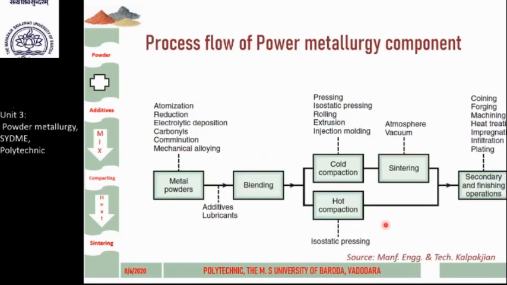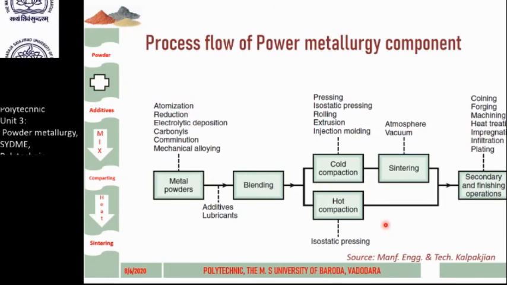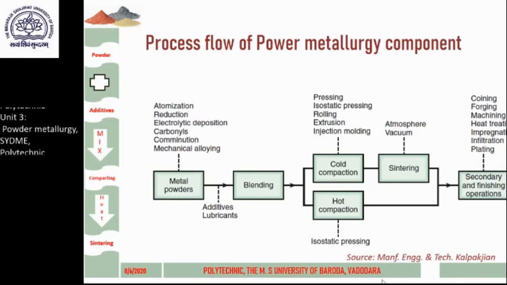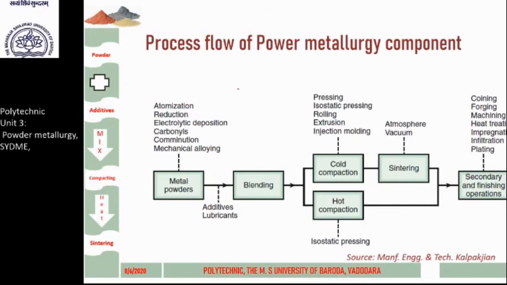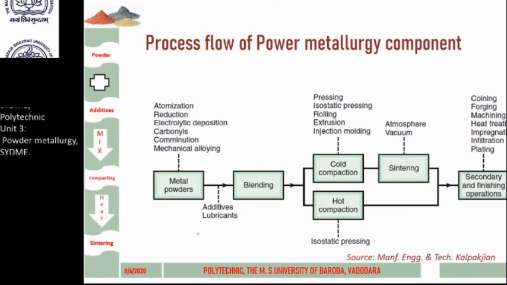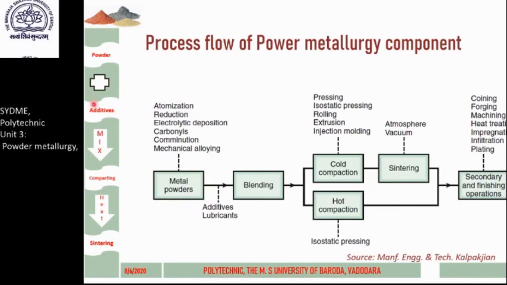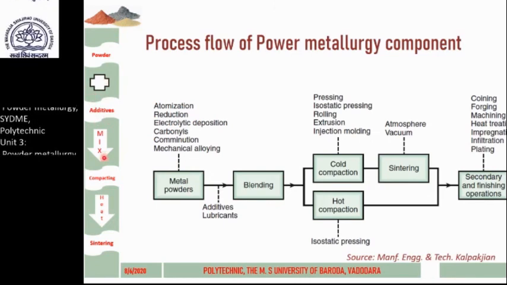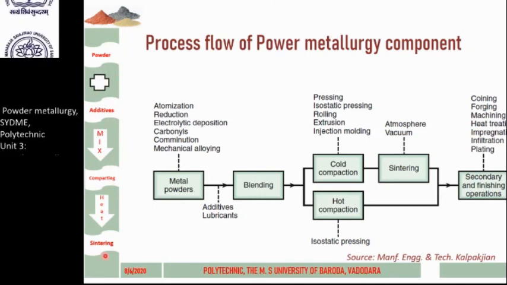Now we'll try to understand the basic flow of manufacturing. Okay, so we'll try to understand the process flow. Although over here on each screen you have the process flow in the form of a broad description, that is powder plus additives, they are mixed together, compacted, heated, and the next step is sintering.